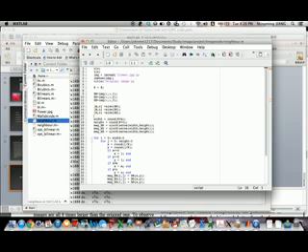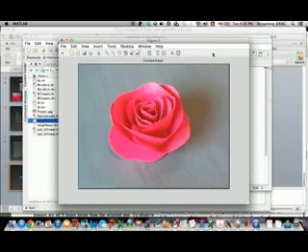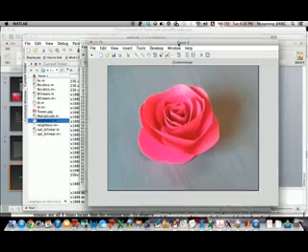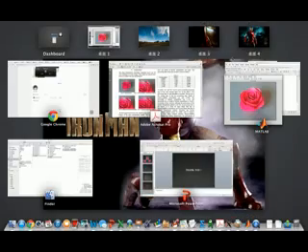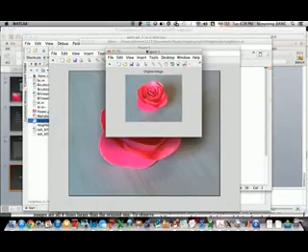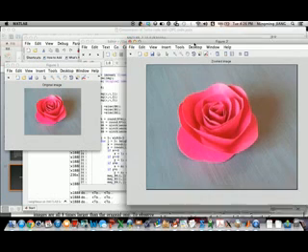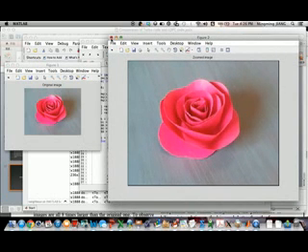I'll run it. The image is come out. There is figure 1. This is the original image, and this is a magnified image. It's very blurred.